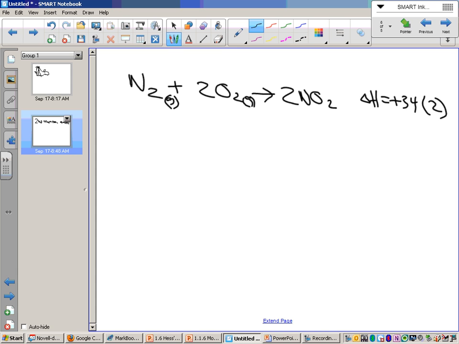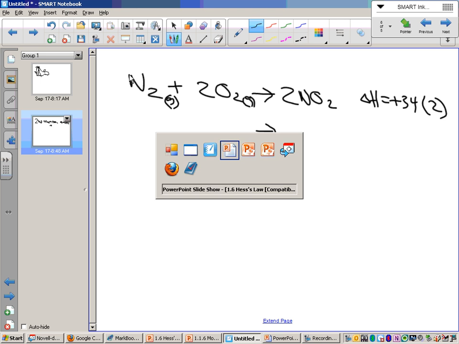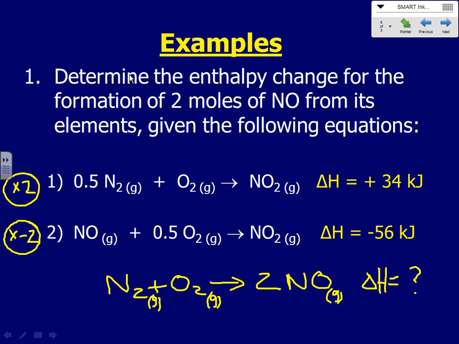Make sense? Could somebody tell me now the flip and then multiplied by 2? And I suggest one thing. When you do your writing, put your arrows right above and below each other, because if you don't have your arrows lining up, you sometimes mistake a reactant for a product. So I would like someone to tell me what the flip is.